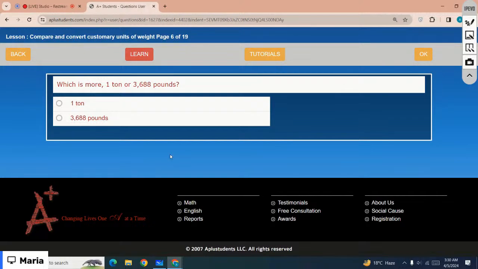Because in 1 ton you have just 2,000 pounds. So 3,688 is more, right?